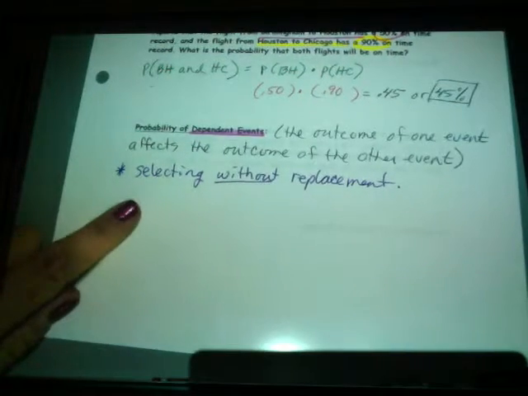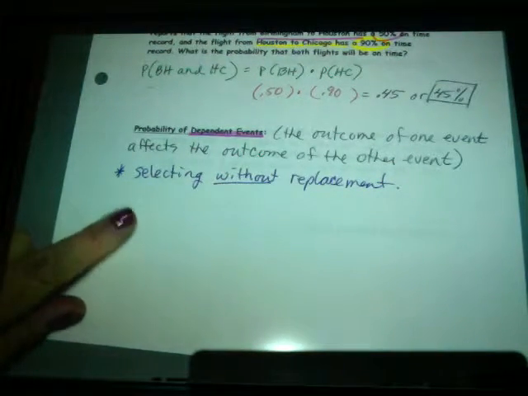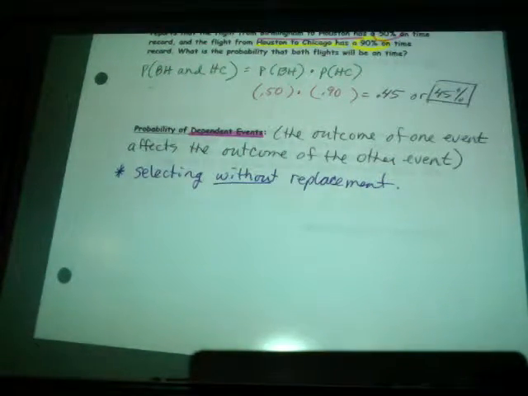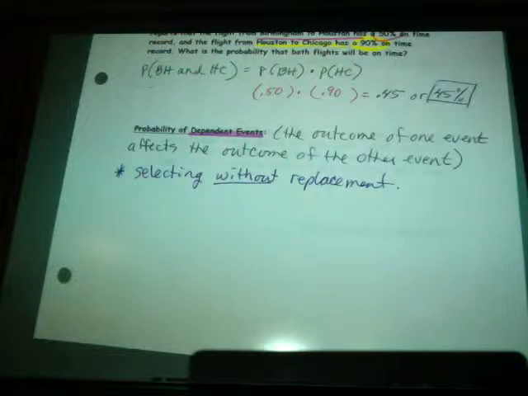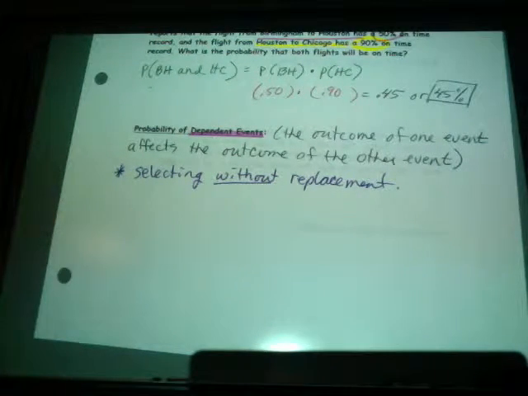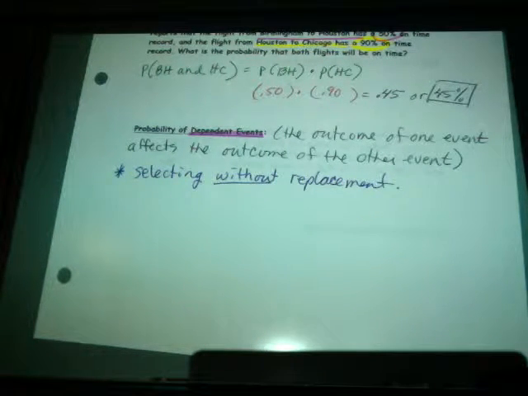But here, assuming I have a white marble the first time, I'd still get 3 out of 10 for the first white marble, but now there are 9 marbles in the bag because I'm not putting it back in. So now I have a probability of selecting a black marble of 2 out of 9. So it will affect the second event if we don't put that item back in the bag, the box, the hat, whatever it might be.